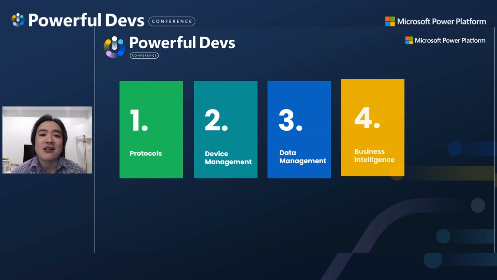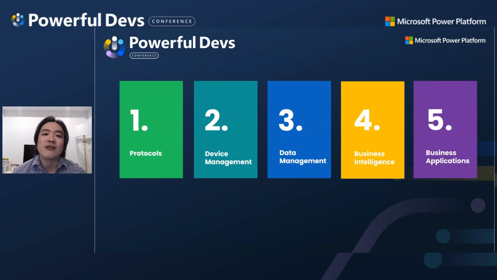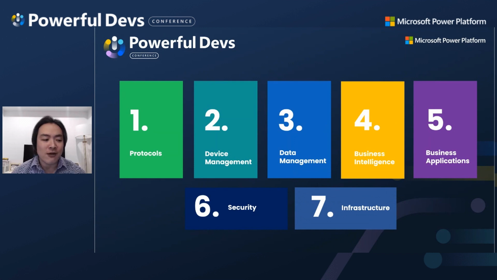What's your presentation layer to visualize this data? And more importantly, how are you going to deliver actionable insights to your end users on the systems and applications that they use most? There's also important things like security, and also, as your solution and number of devices grow, scalability and disaster recovery. So there's a lot to think about.